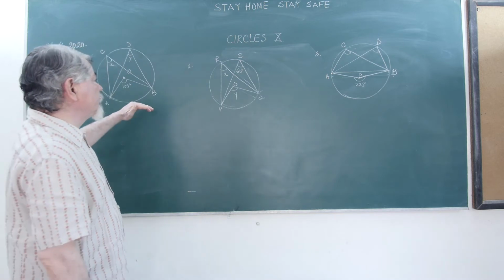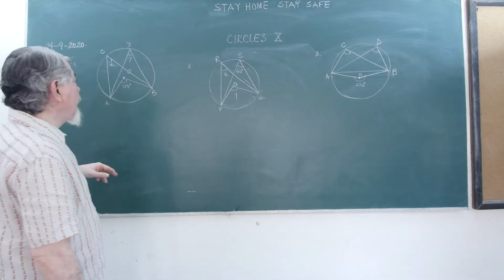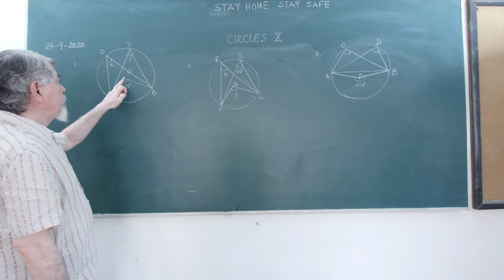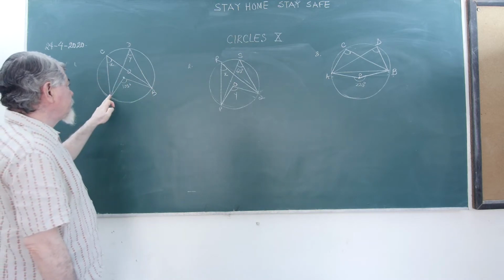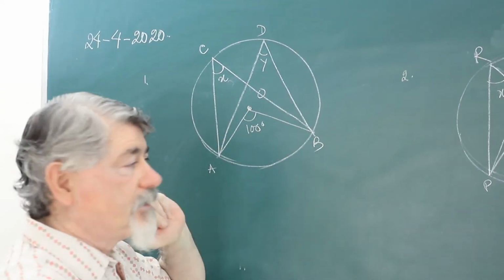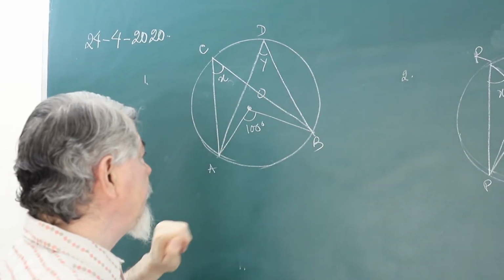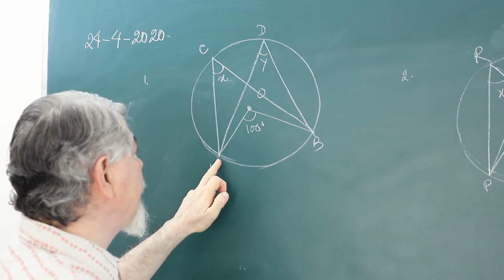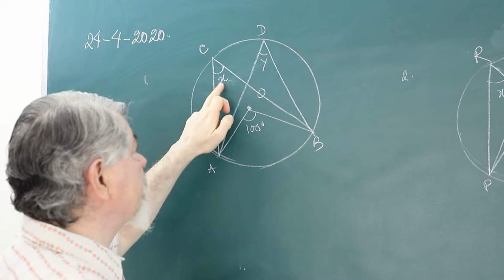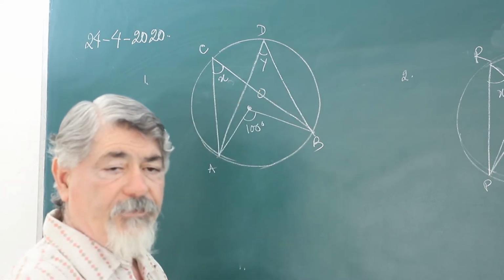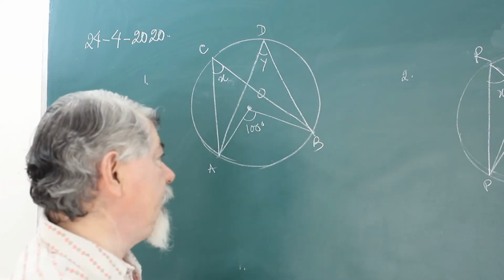Now let us look into problem number 1. I have a circle with center O. This arc AB is subtending angle AOB at the center, which is 100 degrees. There are two other angles ACB and ADB, which are given as X and Y. I have to find out the value of X and Y.